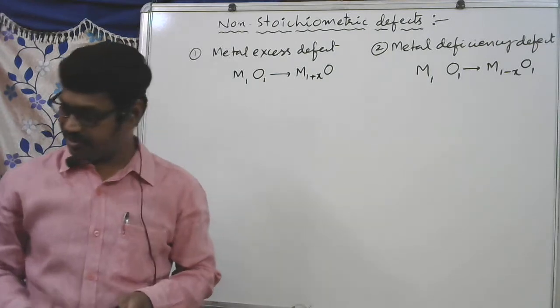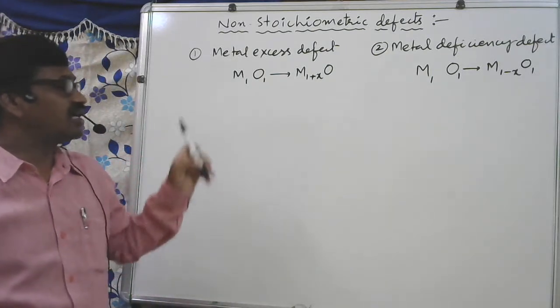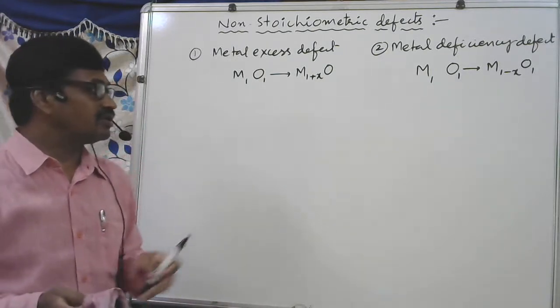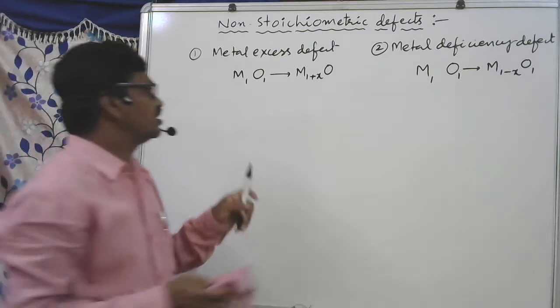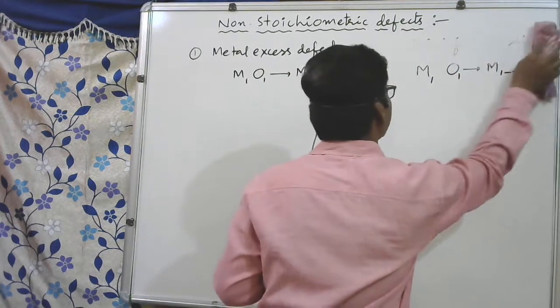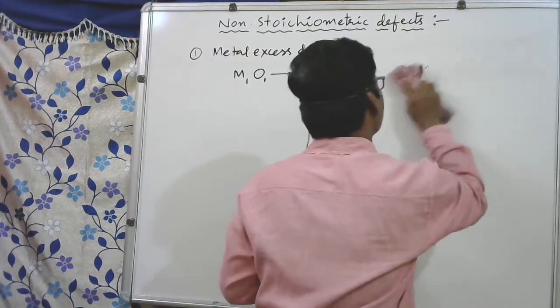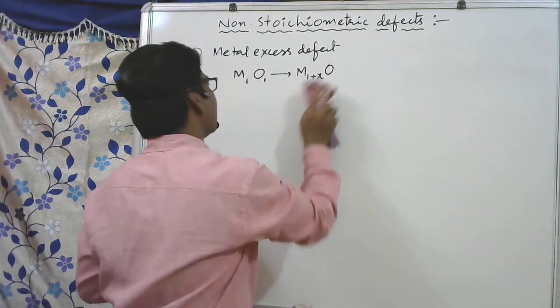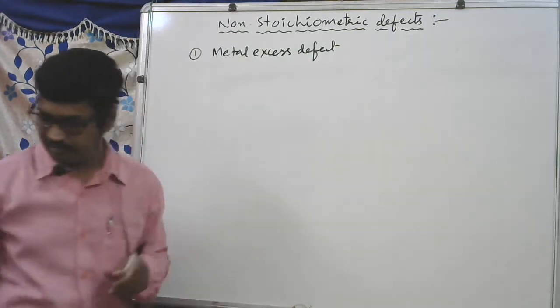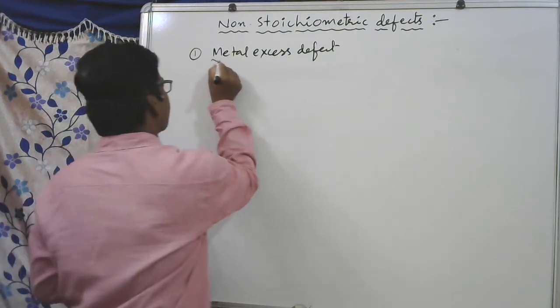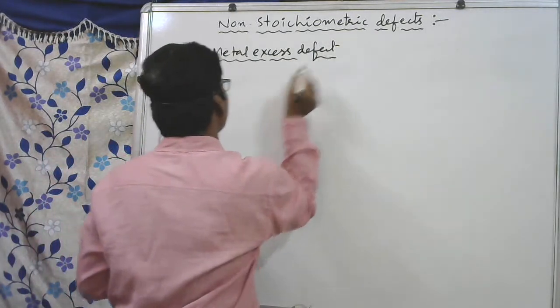First, we'll discuss about metal excess defect. Then after we'll take metal deficiency defect. Metal excess defects are again of two types.